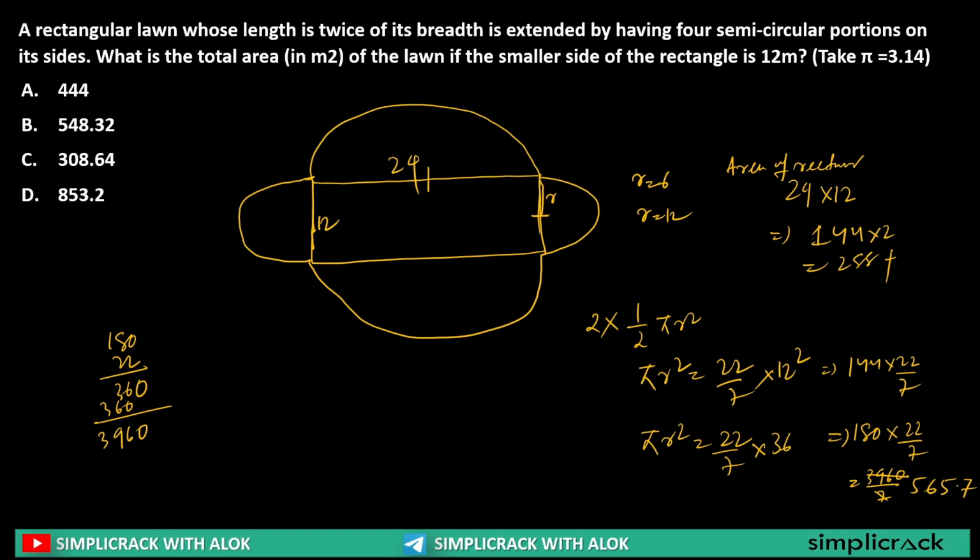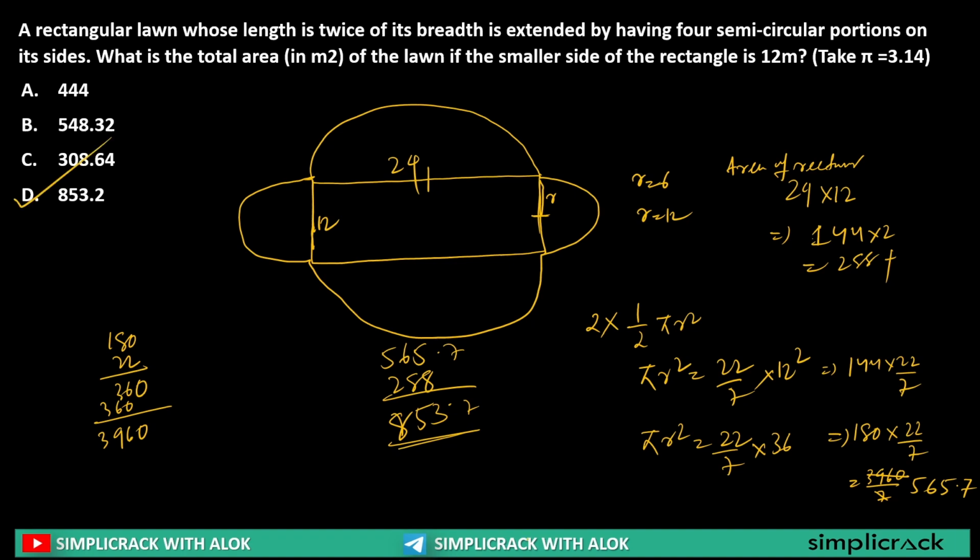Now this should be added with what? 288, because we need to find the total area. So this is 565.7 plus 288, which gives 853 as the answer.